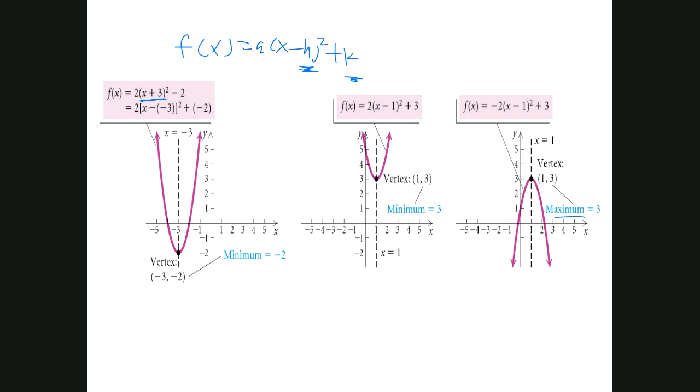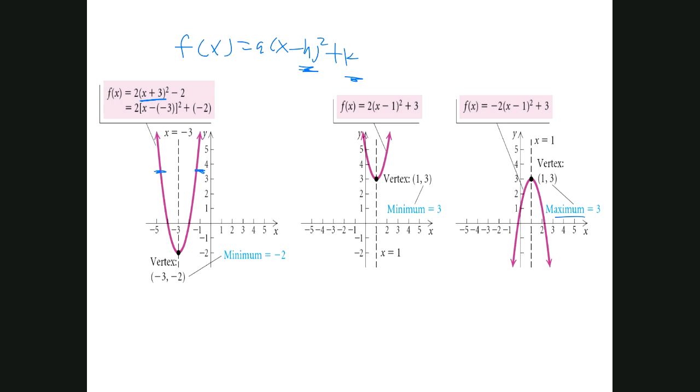Okay, another one is called the line of symmetry. The parabola for the quadratic equation is symmetric. Symmetry always passes through the vertex. So what does symmetry mean? Symmetry means if I fold along this line, I can match the other side.